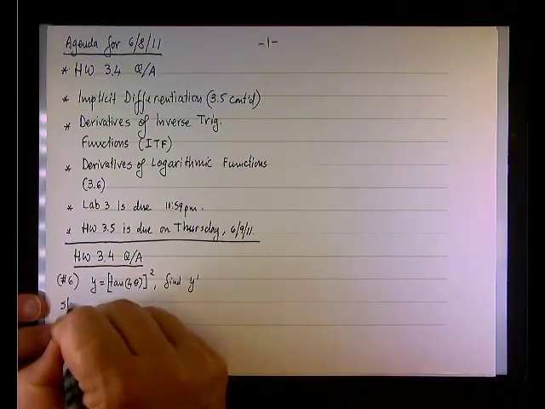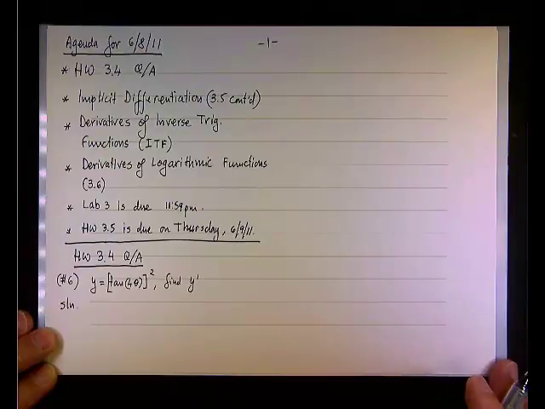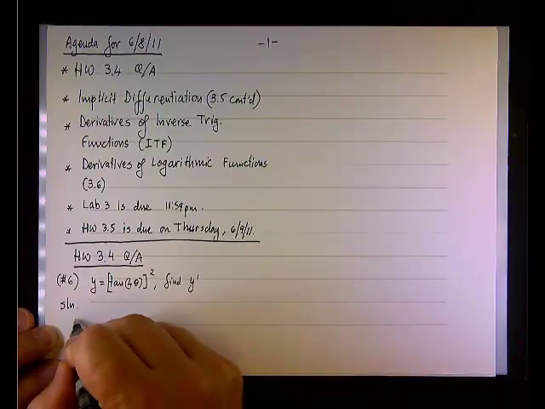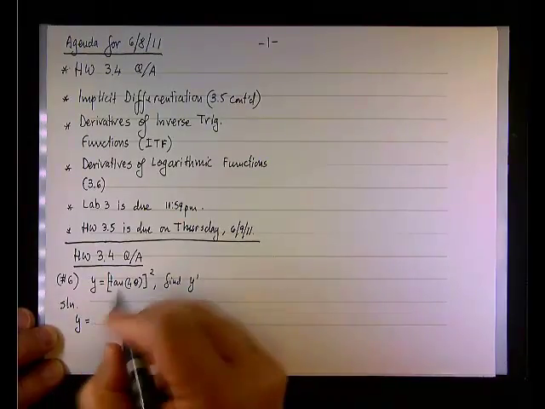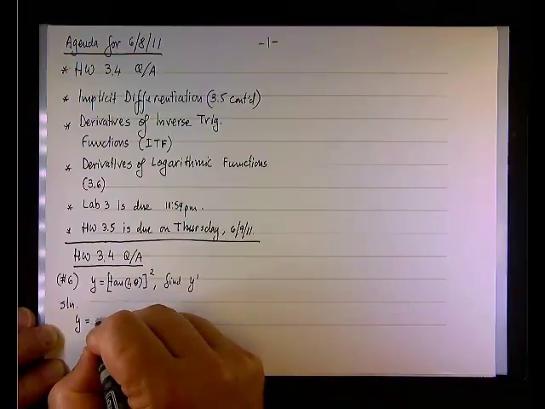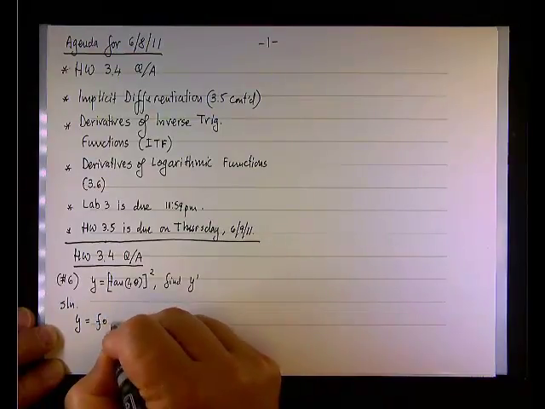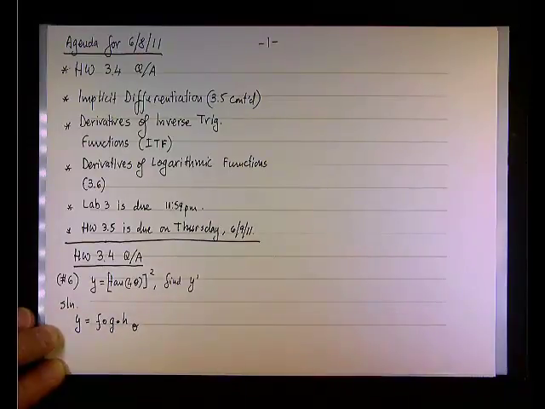The chain rule. I'm probably going to have to use the chain rule like twice. We have a composition here. You can say that y equals f composition g composition h of theta.